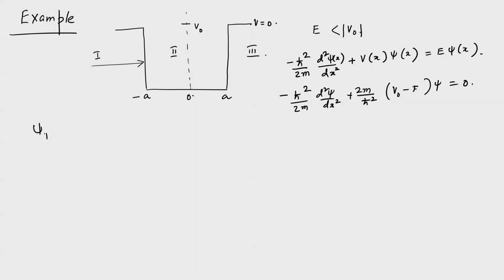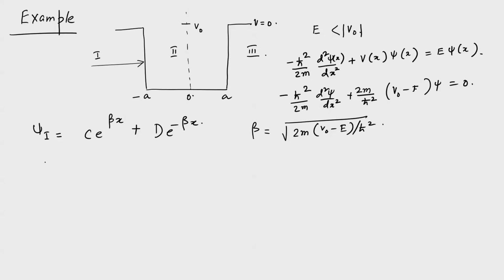So, we have a solution psi 1 equal to C exponential beta x plus D exponential minus beta x, beta being this constant for a given energy, and psi 2, where alpha is another constant.